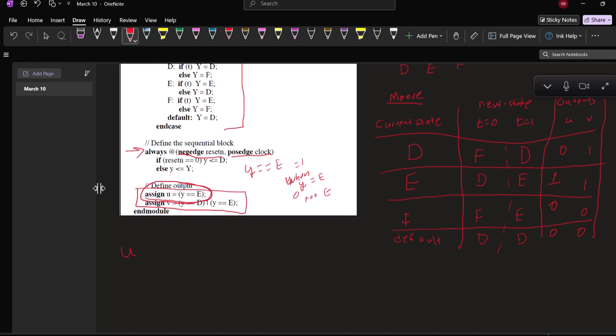U is going to be 1 when I'm in state E, and V is going to be 1 when I'm in state D or E, and if I'm not in any of those states, U or V will be 0. But I'm not sure that was your question. No, I get it now. It's the current state, not the next state. Yes, current state, not the next state.